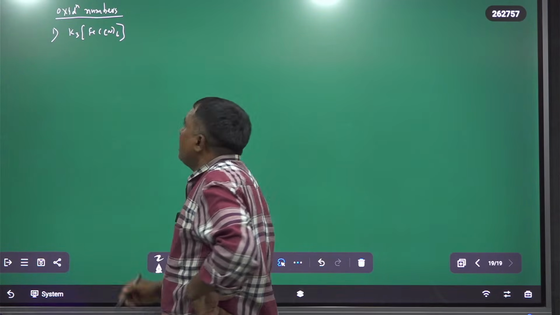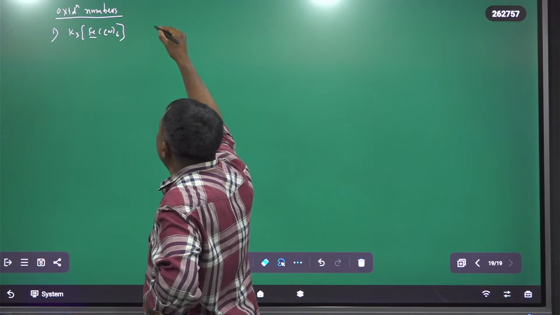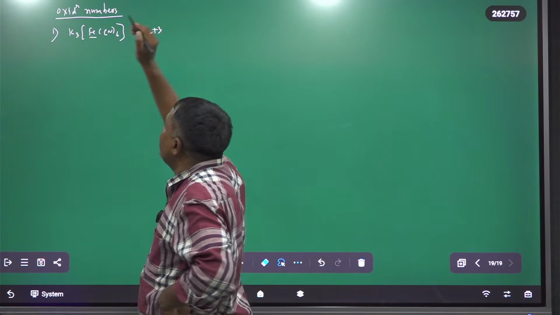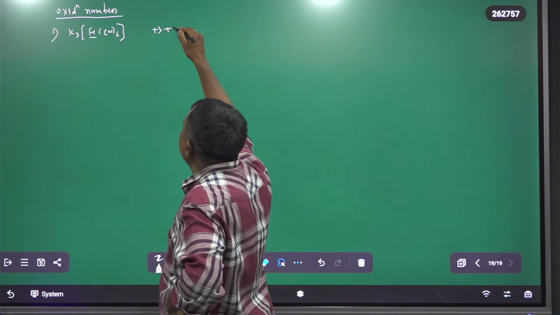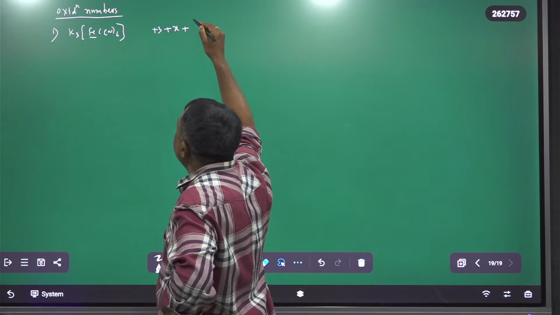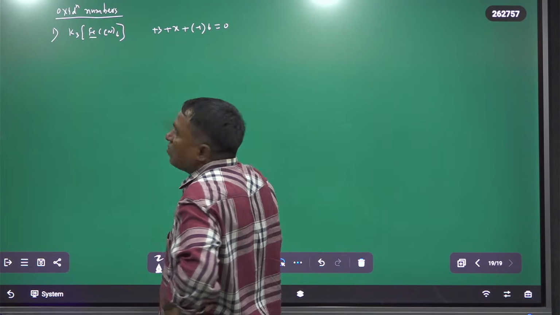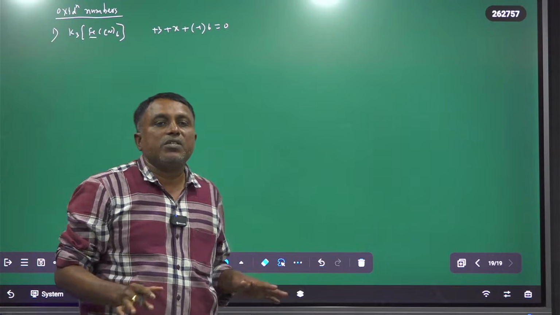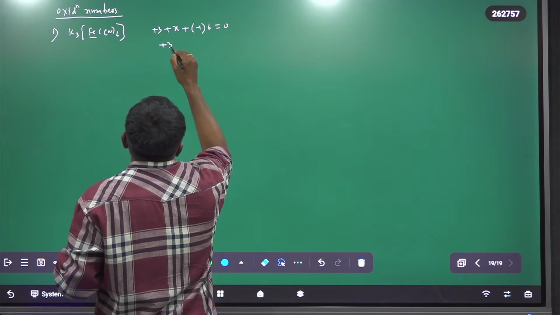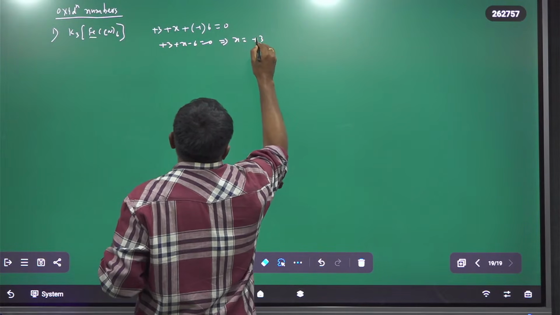So the central atom is iron, therefore you consider this as X. So 3 potassiums are there, therefore plus 3, each potassium is plus 1, and you consider iron is X and CN is minus. So each CN is minus 1 into 6. It is equal to 0. The sum of oxidation numbers of all the elements in a complex compound should be equal to 0. Therefore plus 3 plus X minus 6 equals 0. From this X is equal to plus 3, the oxidation number.